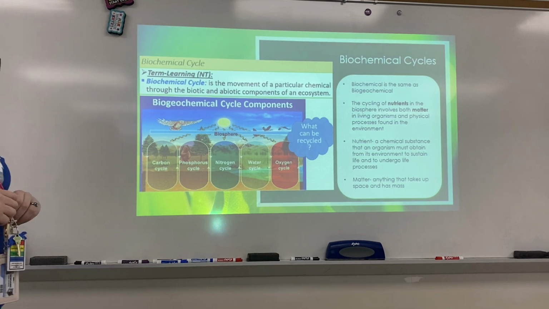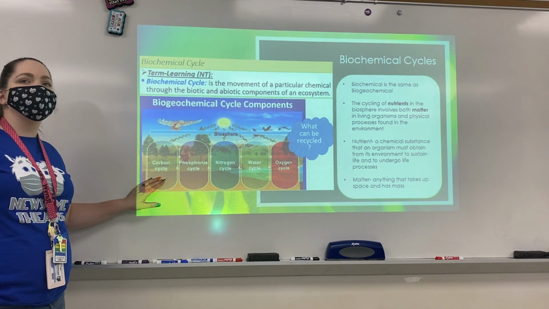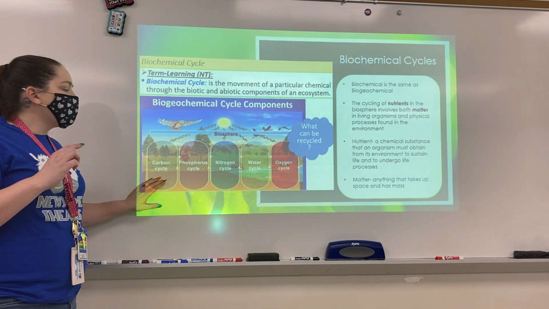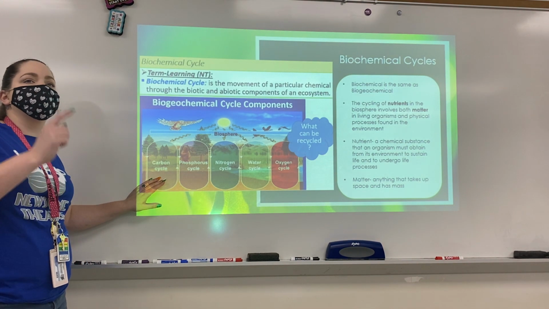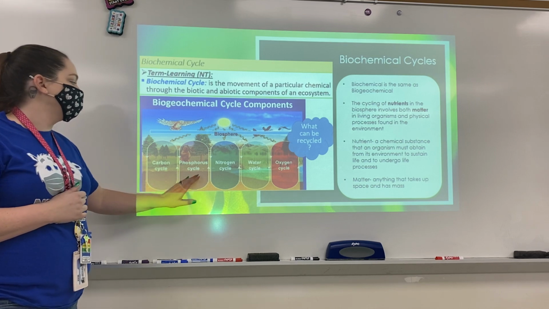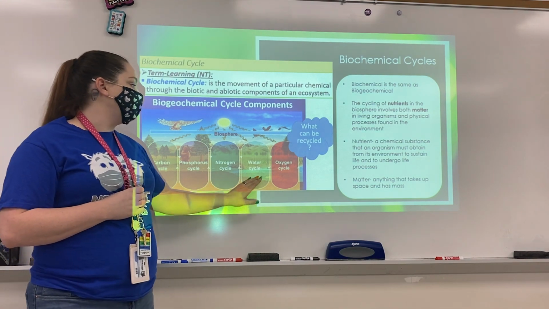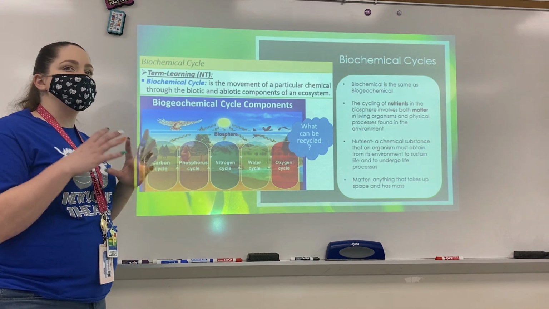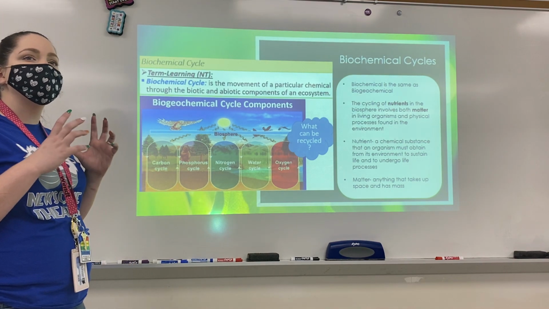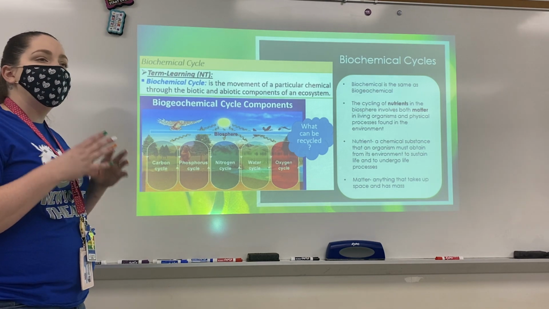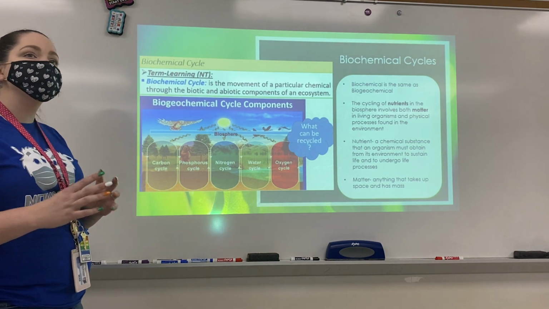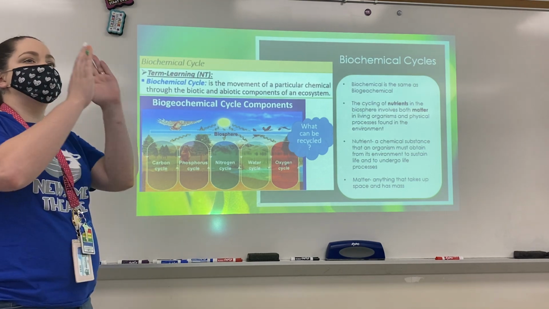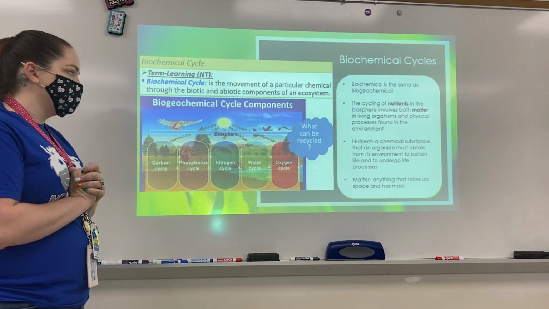We have the carbon cycle, so this one just looks at carbon, and how carbon is cycled through the environment. We also have the phosphorus cycle, the nitrogen cycle, the water cycle, and the oxygen cycle. All of these cycles are looking at these individual elements, or these individual molecules, and how they are transferred between different things within the environment, and how they cycle through the environment.